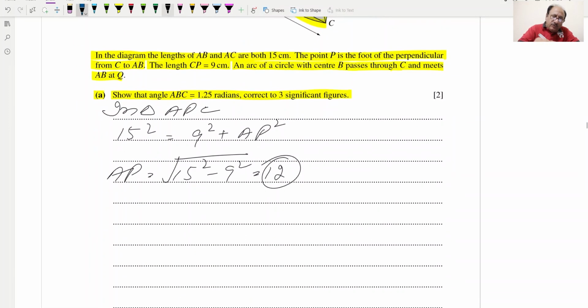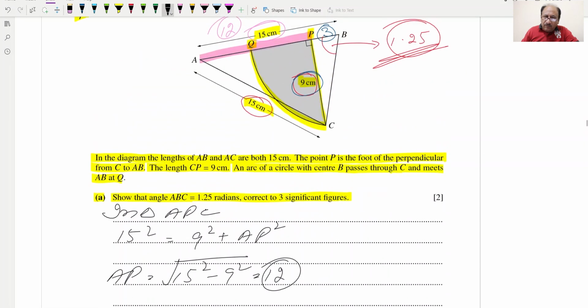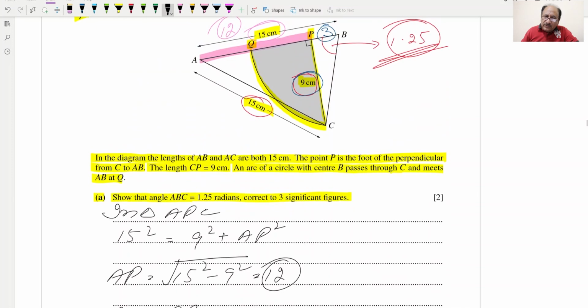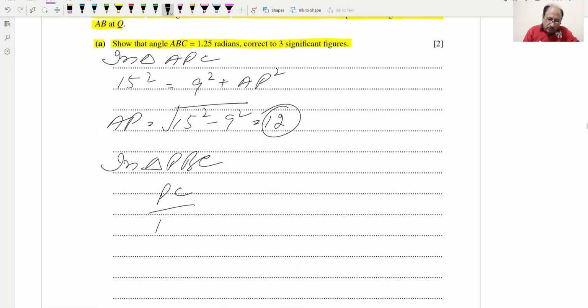So now we will consider the other triangle, which is PBC. In triangle PBC, we can write PC over PB is equal to tan of ABC, and now we can find ABC.